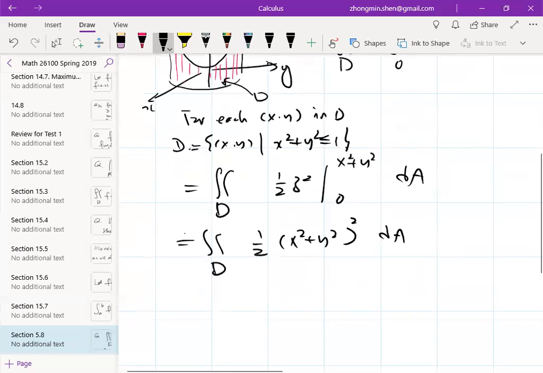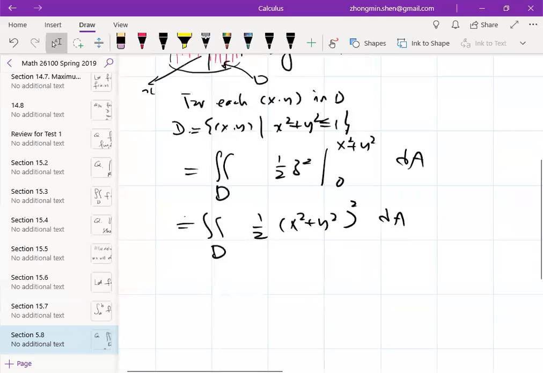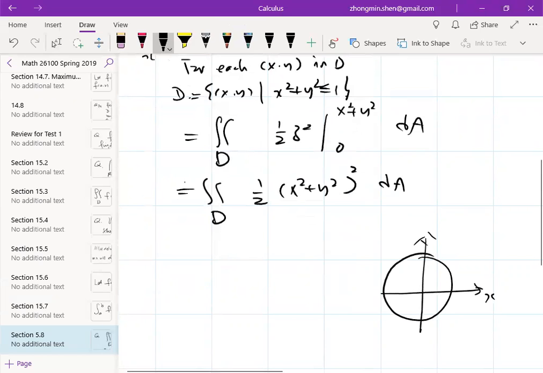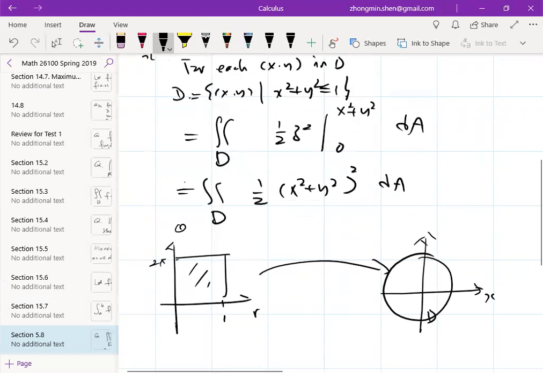Since it's a disk, the best way to evaluate this integral is to use polar coordinates. So-called polar coordinates is just a substitution. This is the disk D, but we also have r and theta. r is between 0 and 1, theta is between 0 and 2 pi, and you have a rectangle, and this rectangle maps to here.